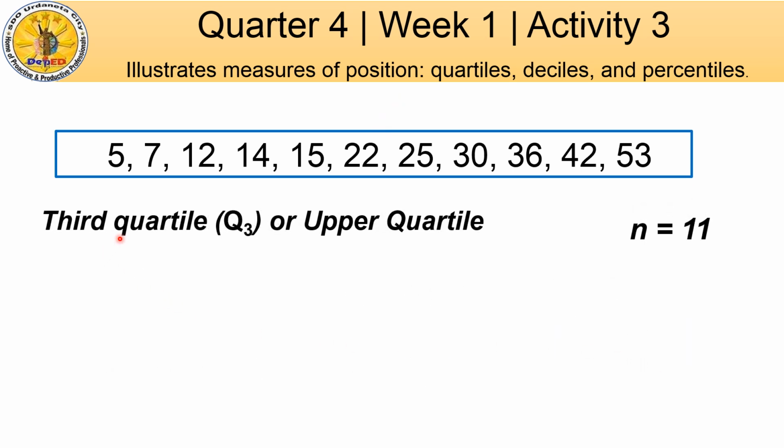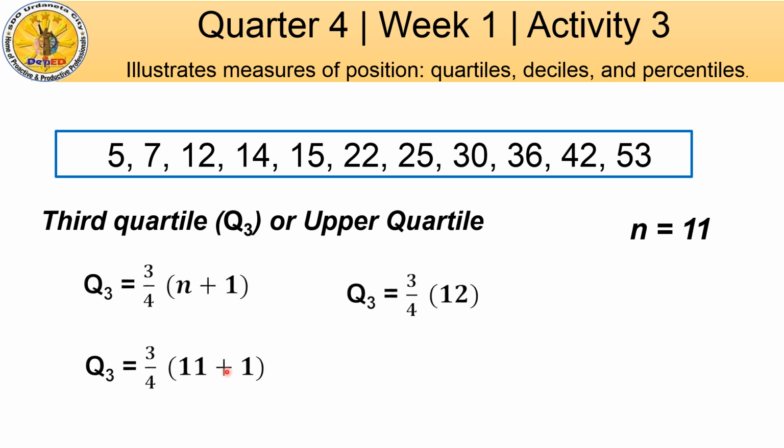For the third quartile, Q3, also known as the upper quartile, we're going to use the formula for finding the position of quartile 3, that is 3/4 times the quantity of n plus 1. Again, replacing n by 11 and simplifying, that is equal to 3/4 times 12.